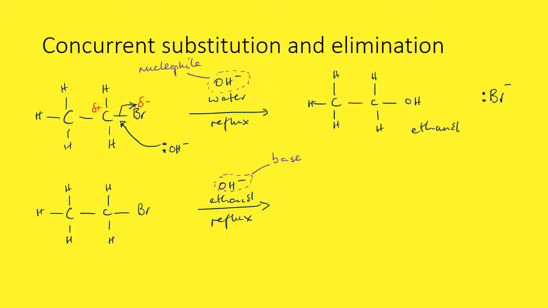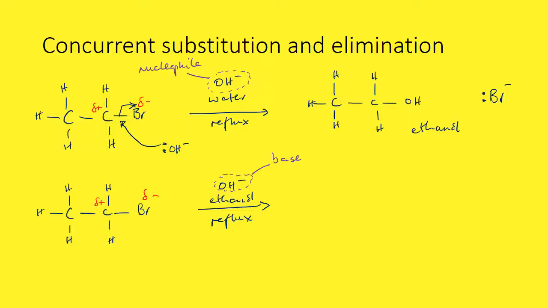Okay, so moving down to the bottom, we're starting with hydroxide ions and bromoethane again, but this time we've got ethanol as the solvent. We're going to reflux that, and because we've got ethanol as the solvent, we're going to get elimination. So in the same way, let's put our charges in, like so.